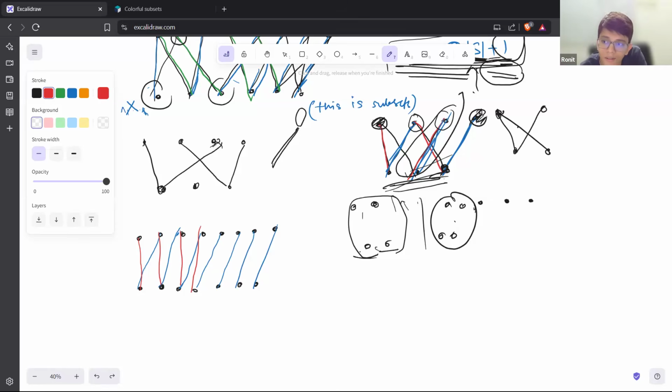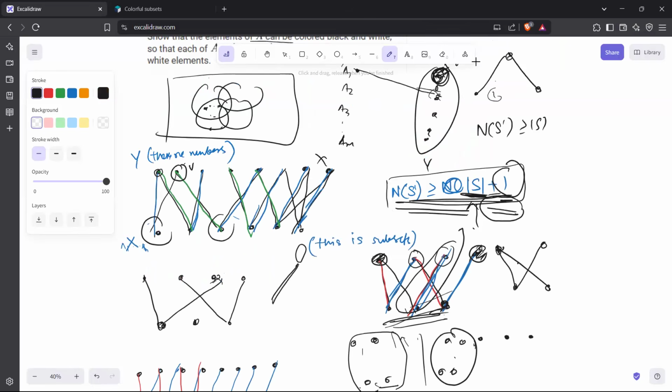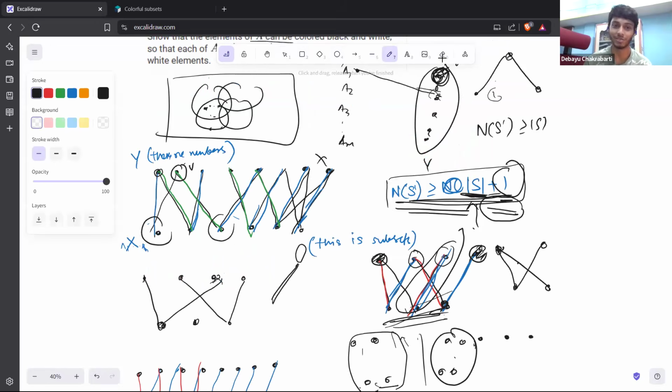Wait, what? Never mind, never mind. Our old graph is much better. I'm so sorry. Okay. Just copy, paste it or something and clear out the unnecessary. I don't know how to do it. I'm so sorry. I tried. I'm such a boomer. It's the first time I'm trying this software, Excalidraw. Apparently it's good.